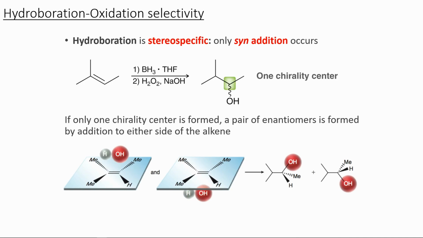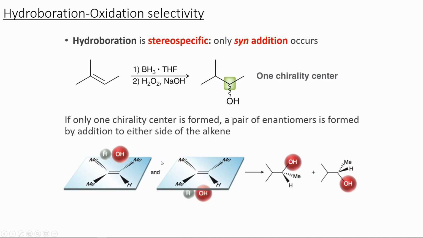Hydroboration is stereospecific, so because of the approach on that face of the alkyl borane, only syn addition will occur. We'll only form syn addition, and the hydrogen and the oxygen will only attack from the same face of the molecule.